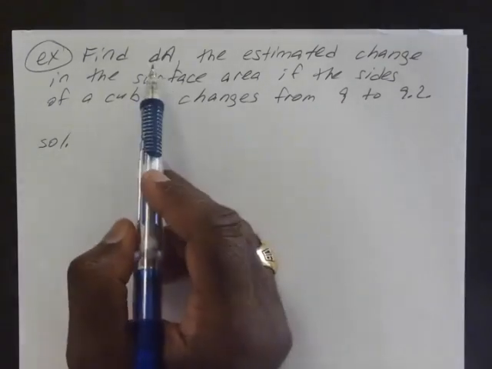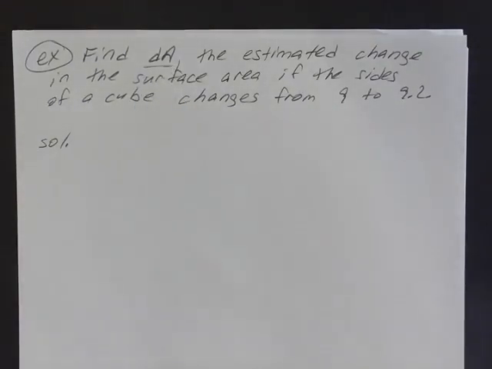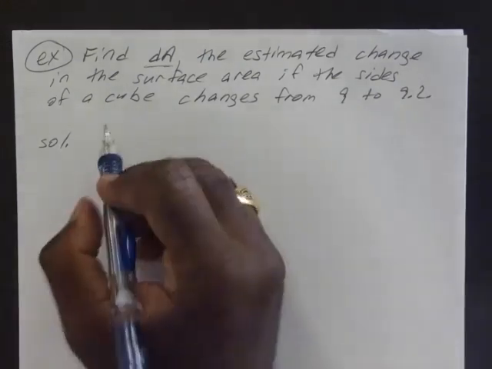Okay. So we want to find our dA, so a change in the surface area, which means we have to find the surface area.